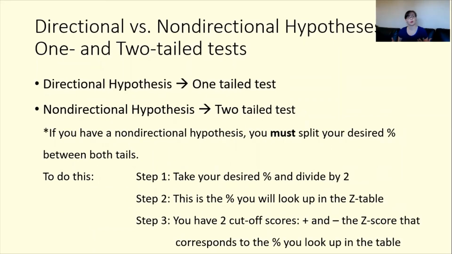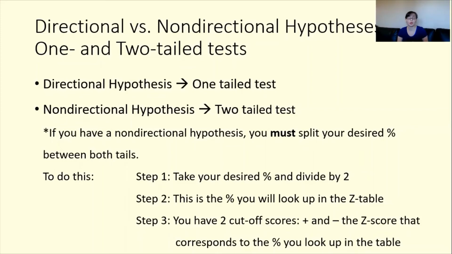On the other hand, for our non-directional hypotheses, we're going to run a two-tailed test. If we have a non-directional hypothesis, here's where we have to do just a teeny bit of simple math to get our cutoff score. We have to split the percent that we're using between both tails. So if I want to use a significance level of 5%, I need to divide that by 2, to divide that in half, and I'm going to get 2.5, and that's 2.5% in one tail and 2.5% in the other tail.